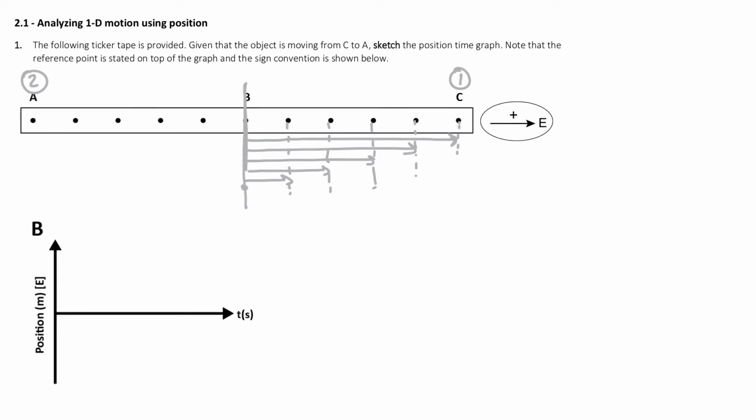So we can see relative to position B, my first one is really far away and it's in the positive direction. So since my reference point is here, everything to the right is positive and everything to the left is negative for my positions. And right here at the reference point, that's this location over here.